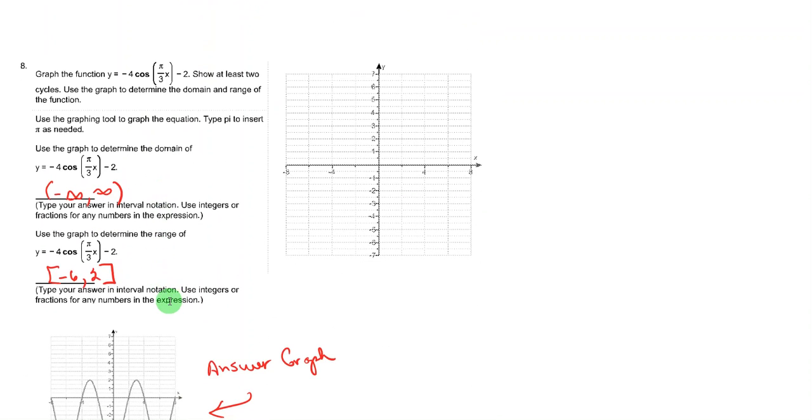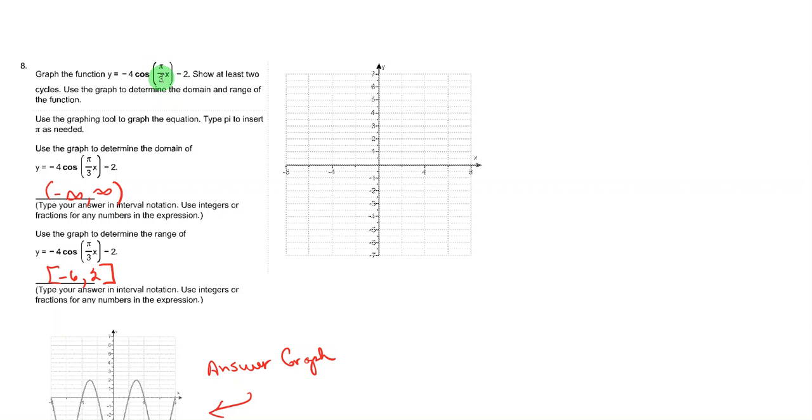Number 8, -4 cosine pi over 3x minus 2. We have an amplitude issue, we have a period to figure out, and we have a -2, which is a vertical shift. All right, so our amplitude would be a +4. Our period would be 2 pi over this.